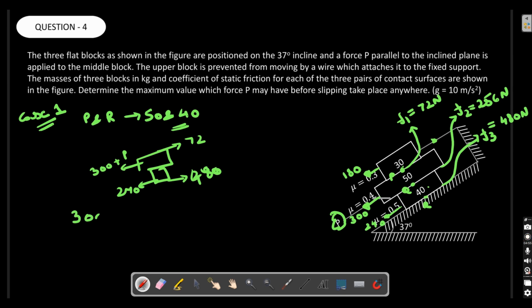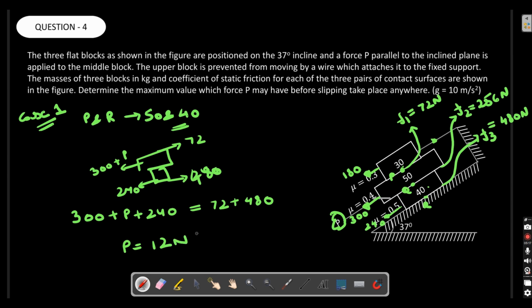So 300 plus P plus 240 is equal to 72 plus 480, right? So 240 plus 300 is how much? 540. So if I take that side, 552 minus 540, that is 12. So P is equal to 12.